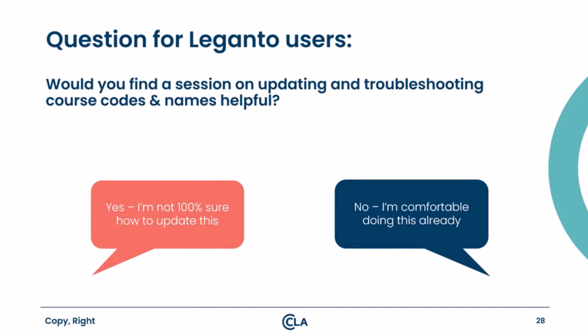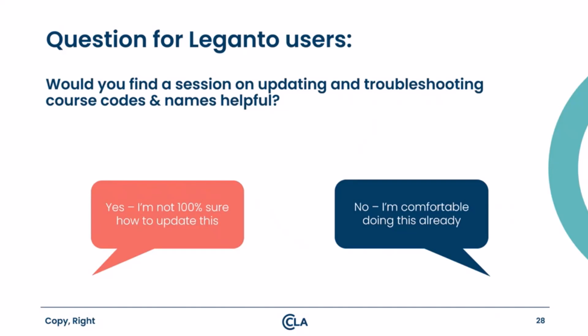We probably won't do it in a main webinar because it's specific to users of the Leganto system. But for those of you who are, could you just use chat? Would you find a session on updating and troubleshooting these course codes and names helpful?